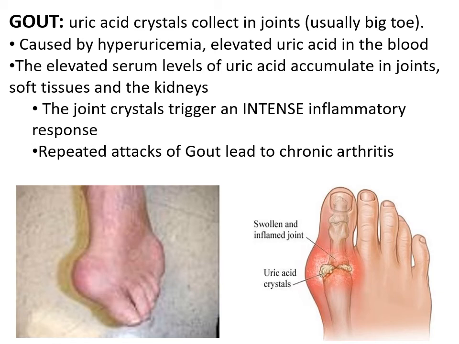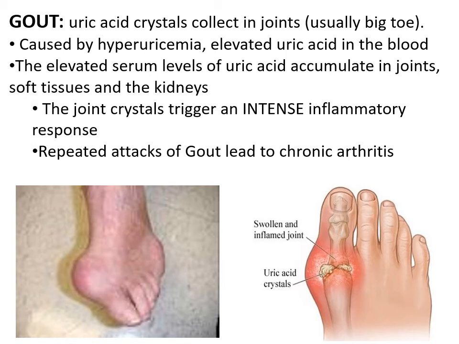Okay, so what's the cause? Well, the cause is typically hyperuricemia, elevated uric acid levels in the bloodstream. Okay, and that elevated level puts someone at higher risk for deposits of uric acid in the joints, leading to gout, in soft tissues, leading to deposits of uric acid in the soft tissues, and also deposits in the kidneys.